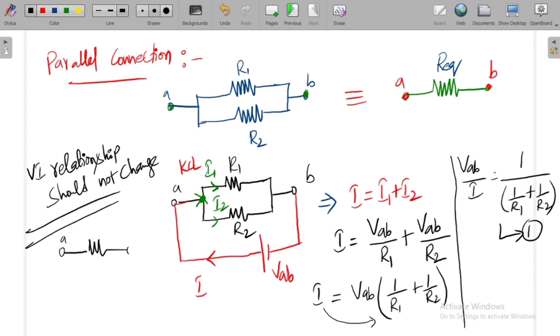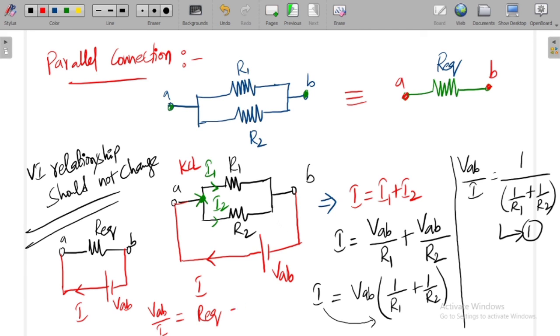Right? Now I want to get the same ratio with a single equivalent resistance. Now what I need to do, again I need to connect a voltage source across A and B and allow some current. The ratio of this according to Ohm's law, VAB by I, gives you R equivalent, right? Now this is the second equation.